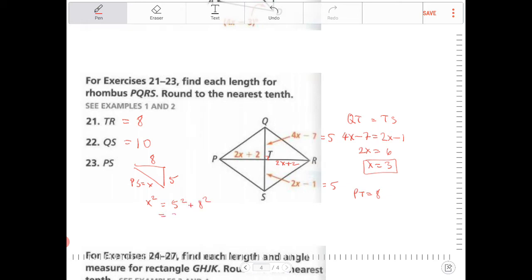So this will be 25 plus 64. Add them together, I get 99. I'm sorry, I don't get 99. I get 89 is equal to x squared. So x is equal to the square root of 89. Is that divisible by anything? Doesn't appear to be. So PS is equal to the square root of 89.